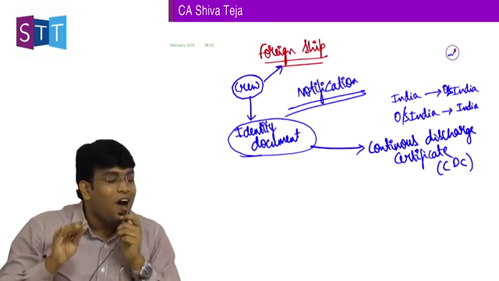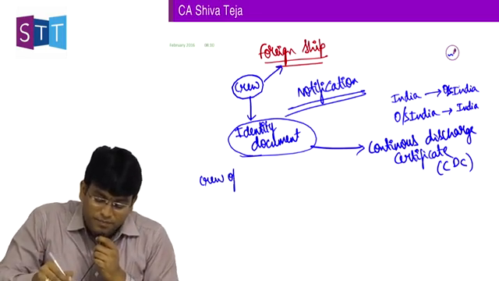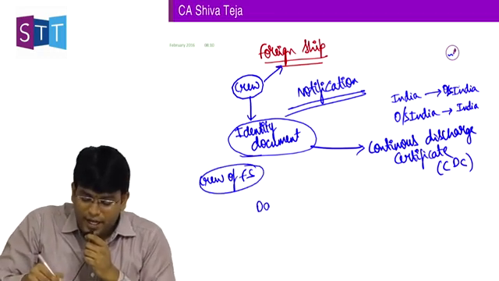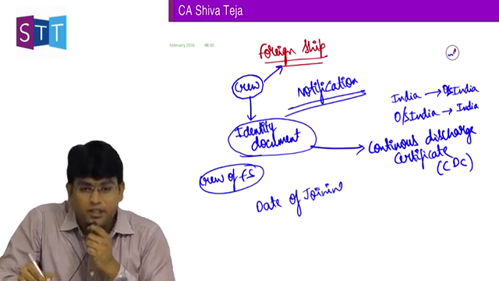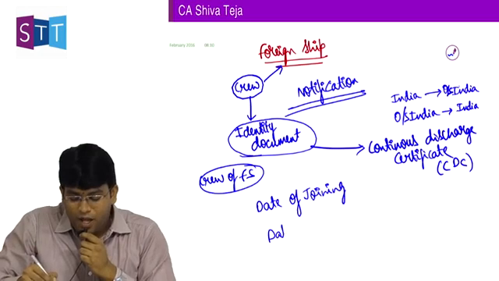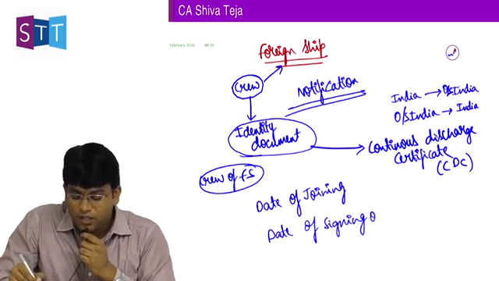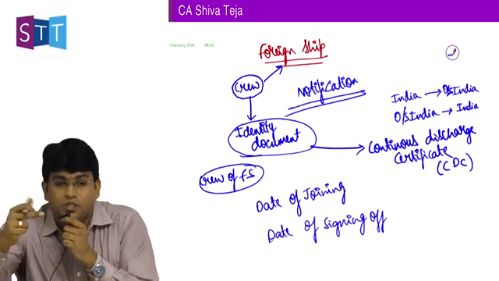Now, the law has said that when there is a crew member of a foreign ship, there is one date of joining the ship and one date of signing off from the ship. Signing off means leaving the ship, but the word used is signing off.